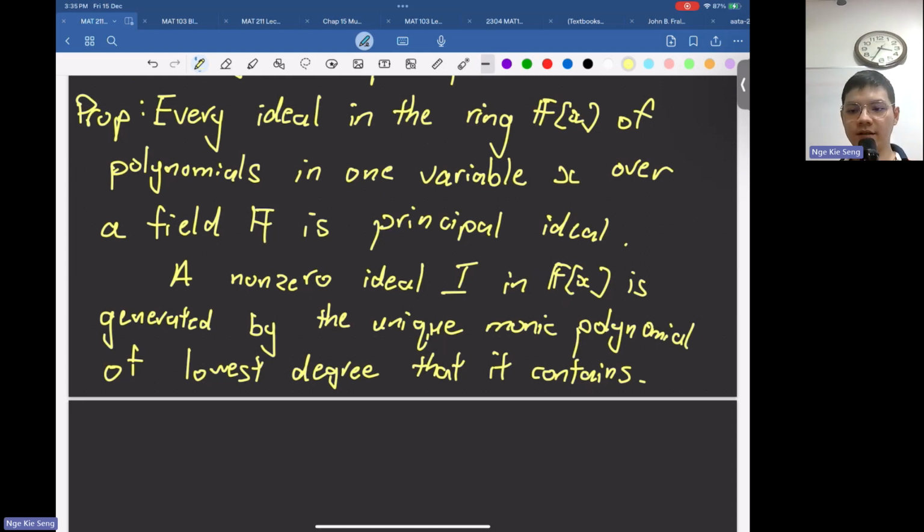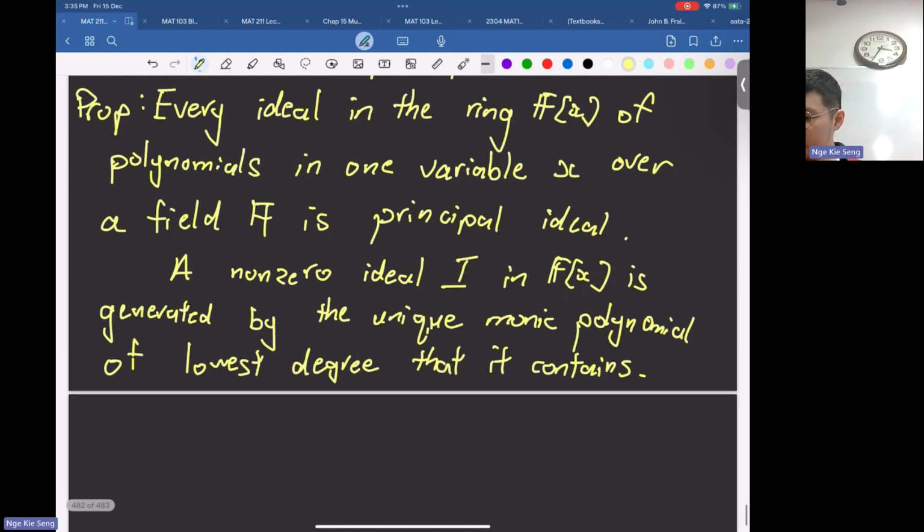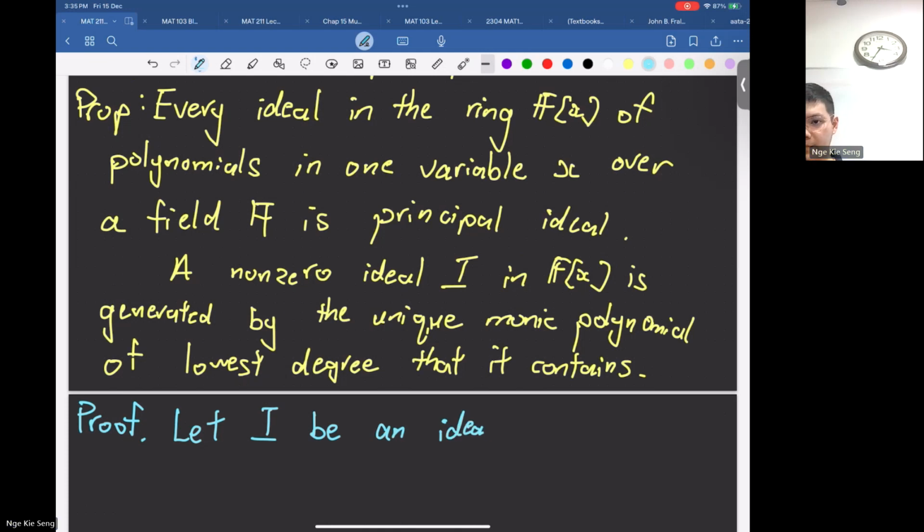Let's prove this. Since this is true for every ideal, you need to take any ideal, just take one of them.